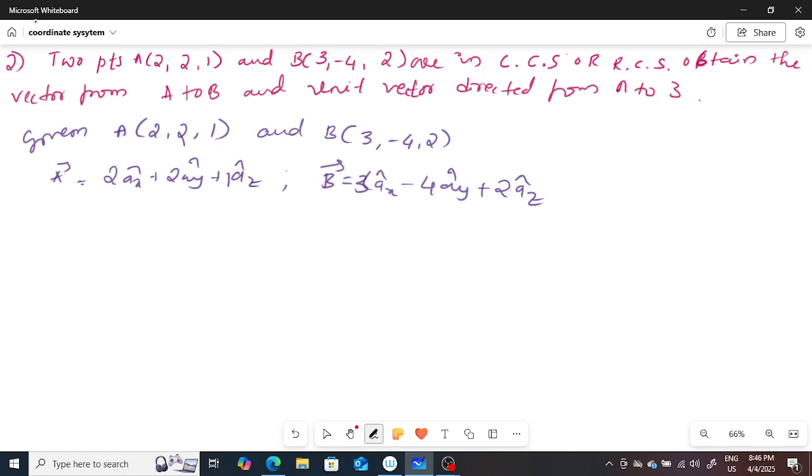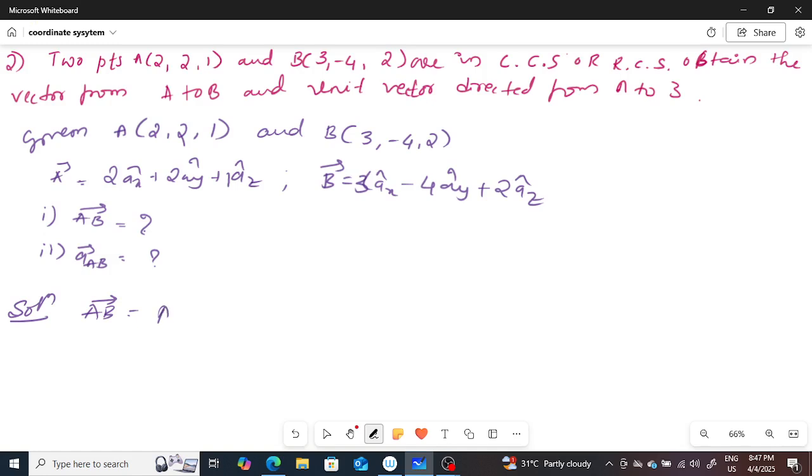What they have asked, they are asking two things. One is vector AB, another is the unit vector in the direction AB. So how to write the solution? How to write vector AB?